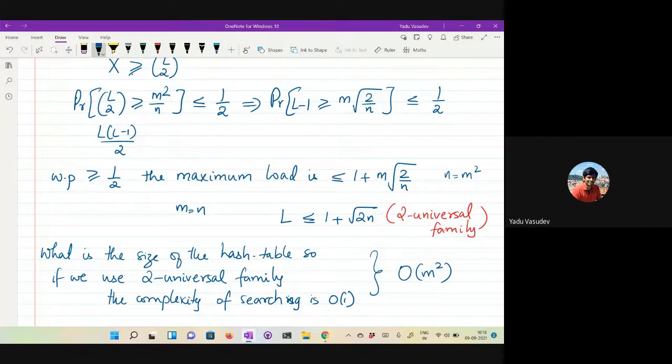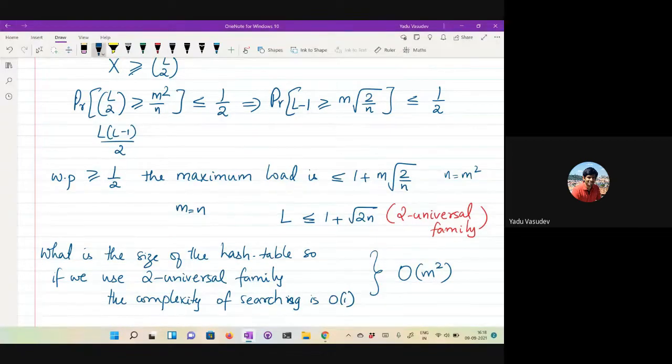So if you want to store M elements, then to get order 1 search time with a 2-universal hash family, you need at least something like order M squared. Is this clear to everyone?